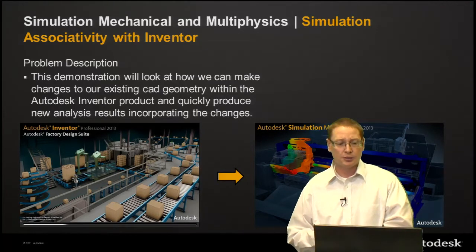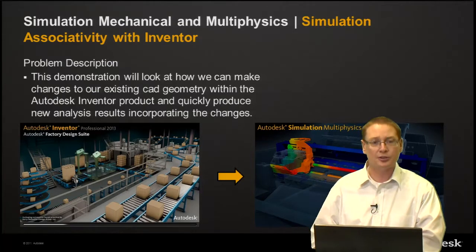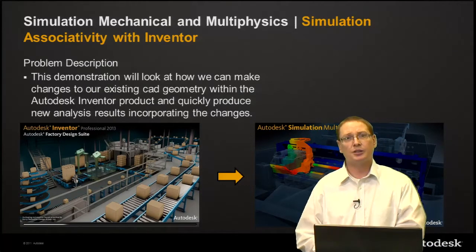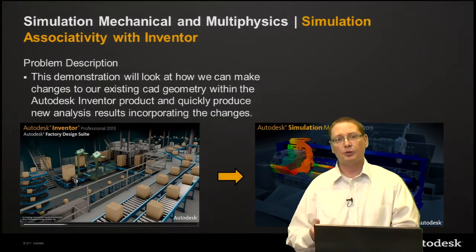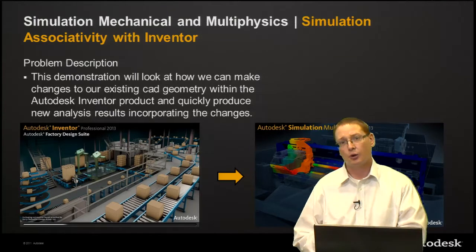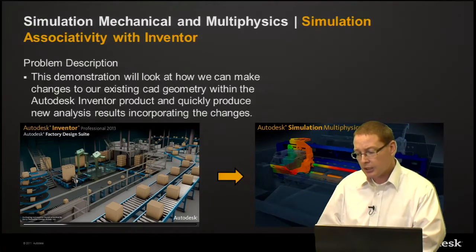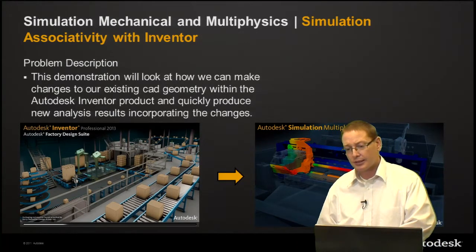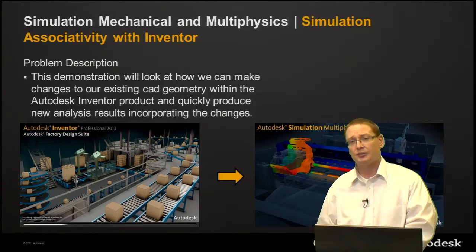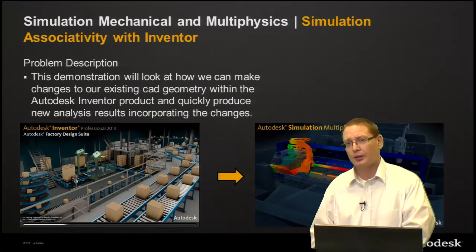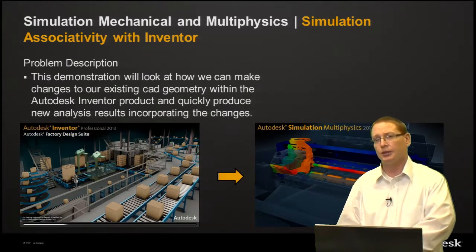To be a little more precise in the description, the demonstration is going to look at how we can make changes to our existing CAD geometry within Autodesk Inventor and then quickly produce a new analysis that incorporates those new changes. One of the things that is sometimes confusing to a lot of people when they first hear the topic associativity is that they think about bidirectional associativity.